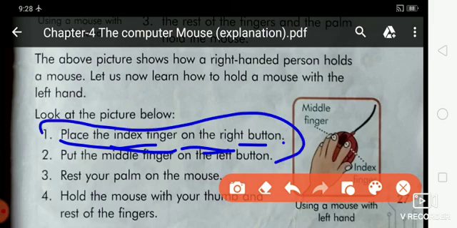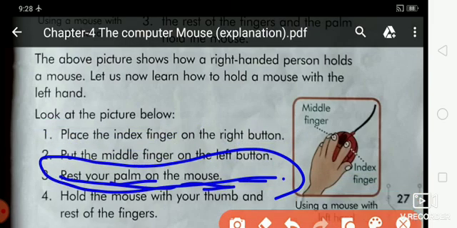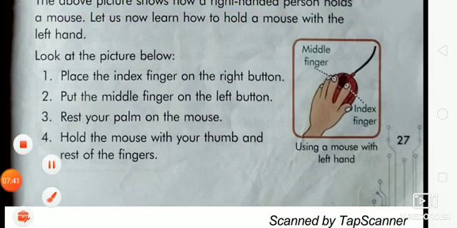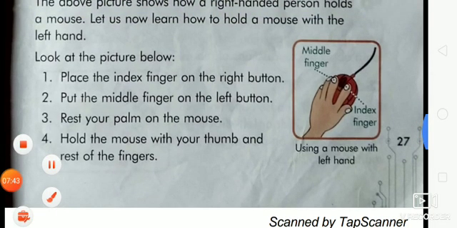He won't place his index finger on the left button, but on the right button. Is that clear?